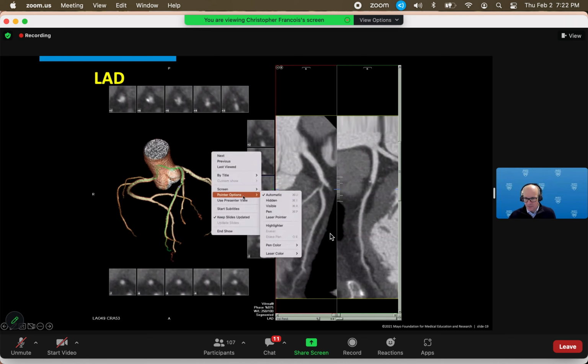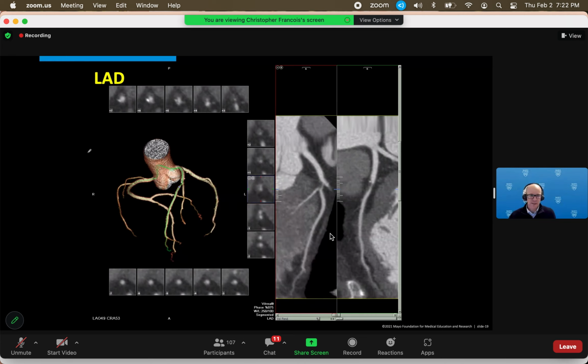So let me get my pen out, my white pen. So if this is our vessel wall, and then we have some plaque in here, that's sort of what we're seeing in that next case.